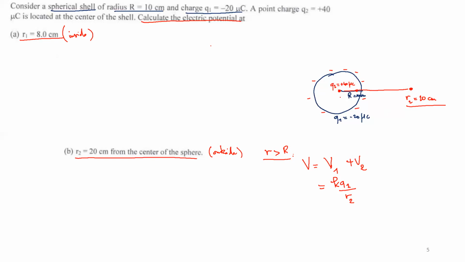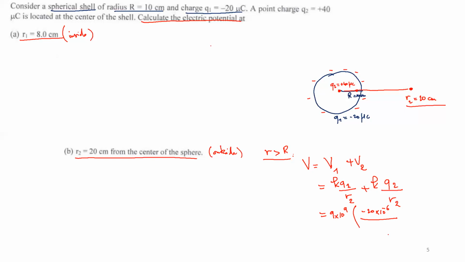Now, what should be V2? Well, V2 is very simple. It will be just K Q2 divided by R2. Okay. Now let's calculate this. K is a common factor, basically 10 to the power 9. Q1, I know Q1, it's minus 20. I put it in Coulomb, of course, right? So 10 to the power minus 6 Coulomb. And then I divide by R2.